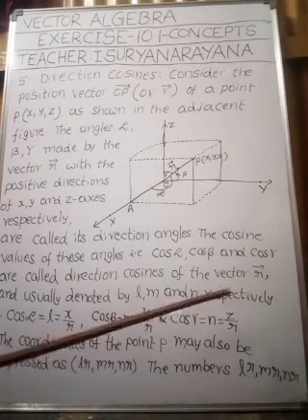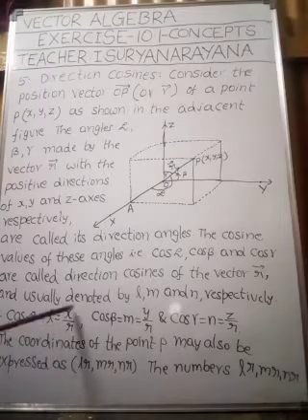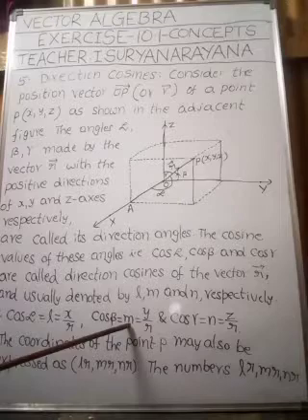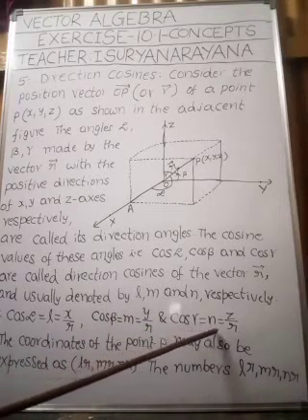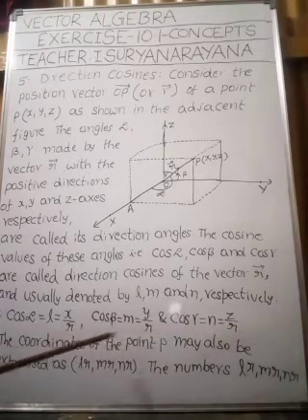Therefore, cos alpha, that is L, is equal to x by R, cos beta, that is M, is equal to y by R, and cos gamma, that is N, is equal to z by R. Understood these points?